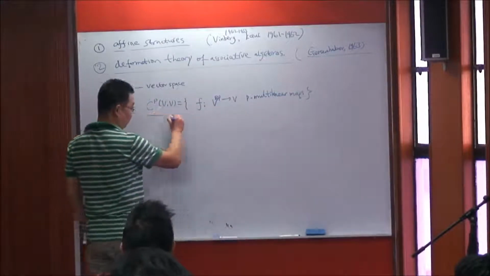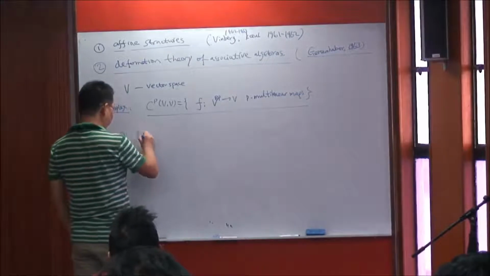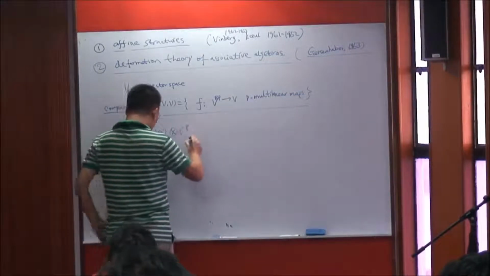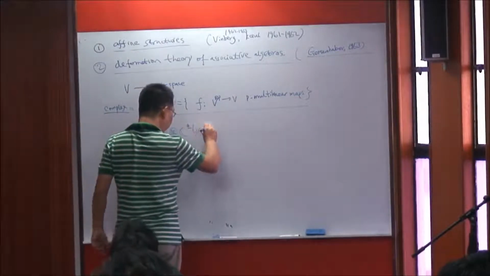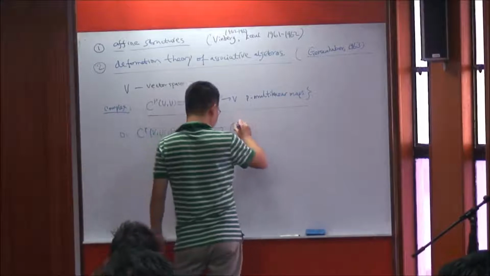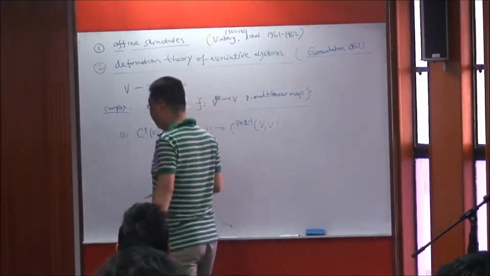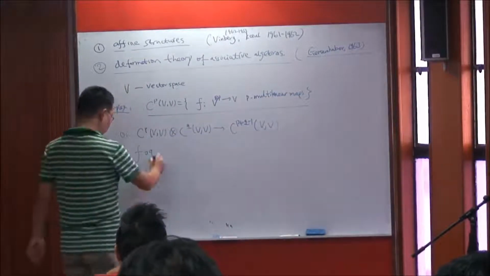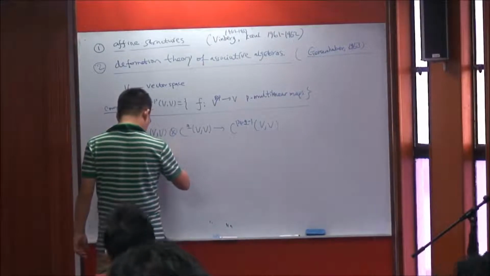It's very easy. We can define a circle product from C^p(V,V) and C^q(V,V) to C^{p+q-1}(V,V).